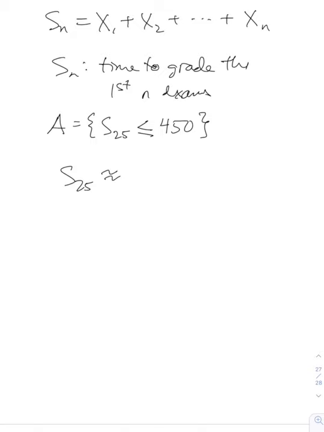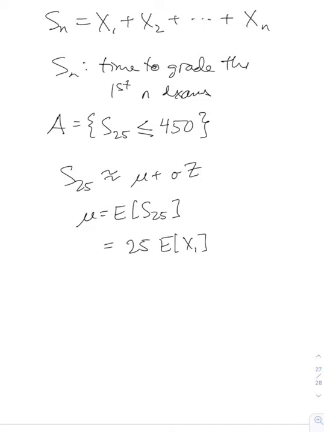is approximately normal. So it's approximately mu plus sigma z, where mu is the expected value of S25. All right, so that's 25 times the expected value of x1. The expected value of x1 is 20. So mu is 500.